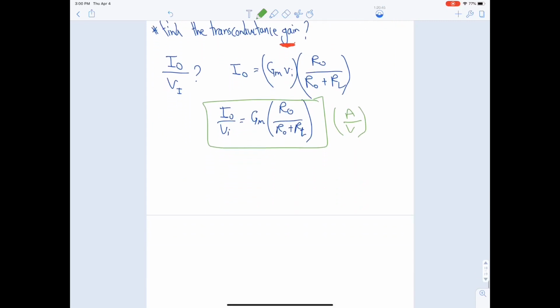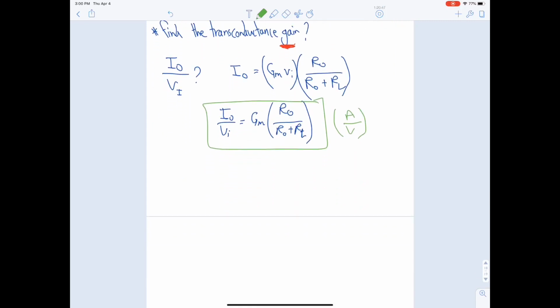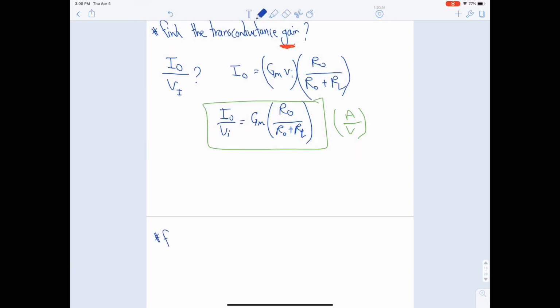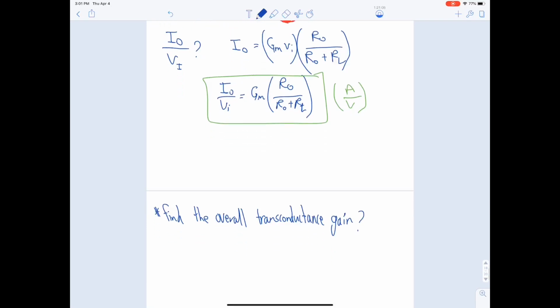Now, if you ask me to find the overall transconductance gain, what should I do?